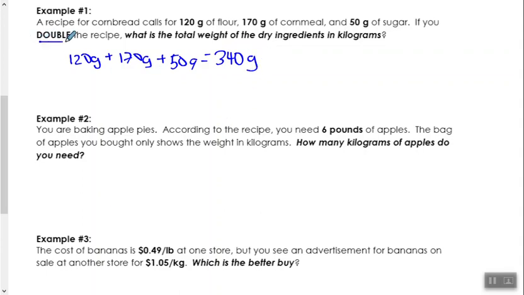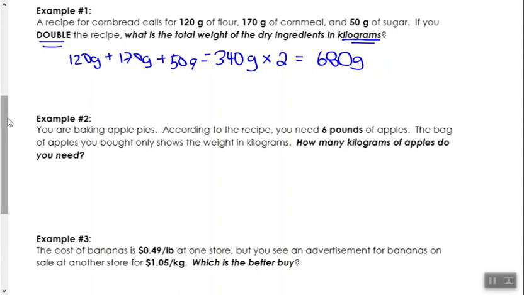Now, if I take a look, I want to double the recipe, which means I want to make twice as much. So normally in one recipe, I'd have 340 grams, but I need double that. So 340 times 2, and I get 680 grams. Lastly, let's double check. I want the total weight of the dry ingredients in kilograms. Okay, so 680 grams to kilograms.